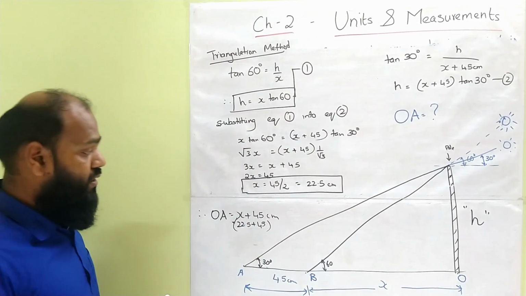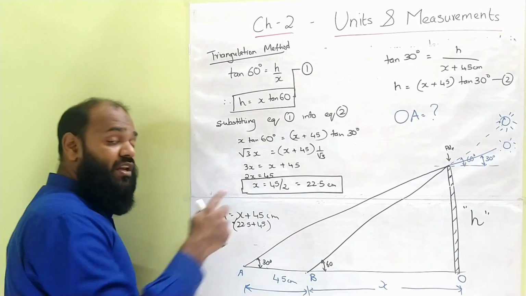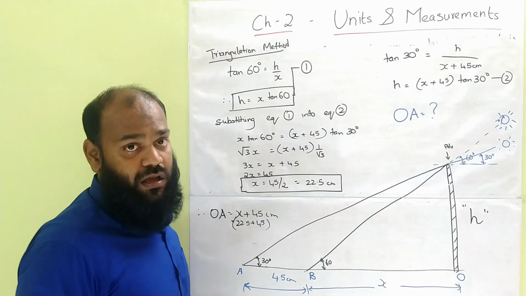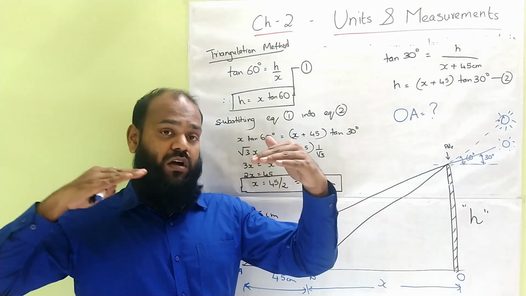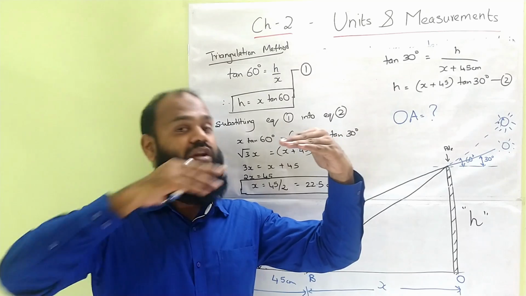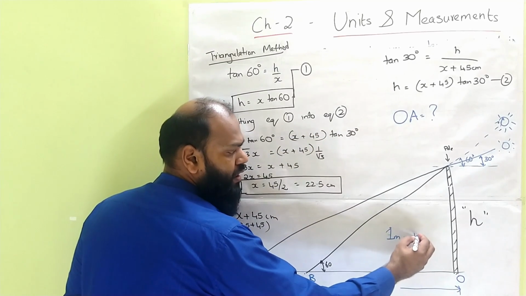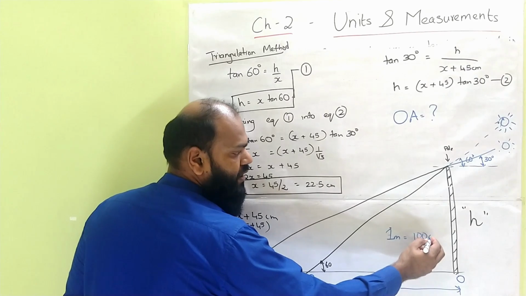Now one more twist here. You can see that our units are in centimeter. We need to convert it into meter. As I told you before, when you are converting a smaller unit to a bigger unit, you need to divide. 1 meter equals 100 centimeter.